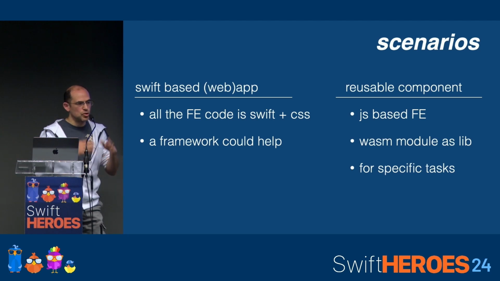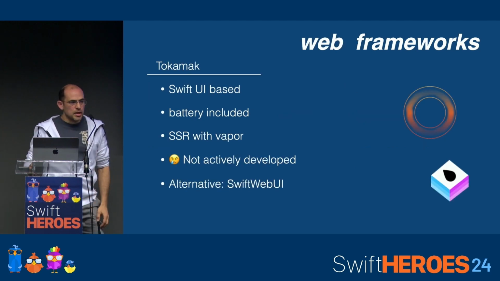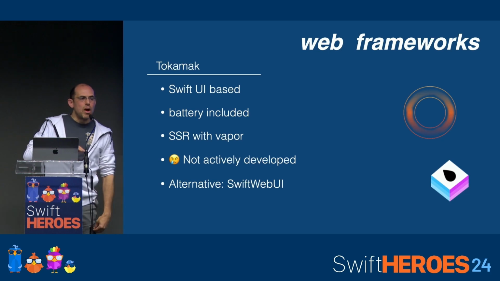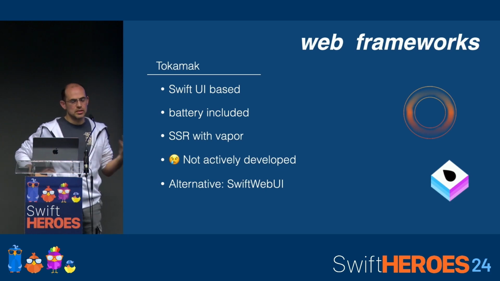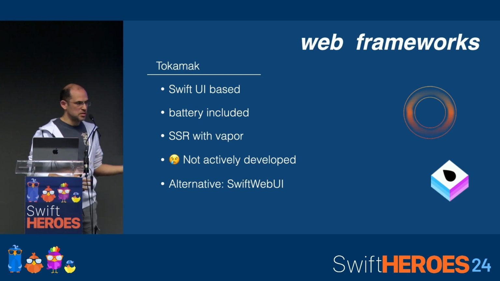So the second scenario is useful for specific tasks. If you want to build a completely web application with Swift, what could I use? Bad news, for Swift there is no such kind of rich ecosystem. There is Tokamak.